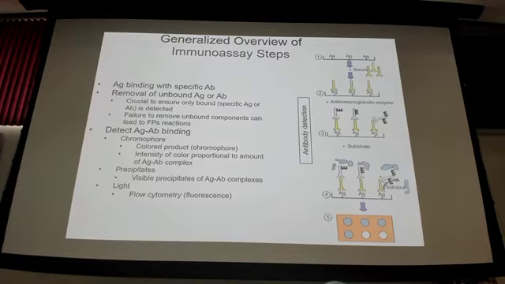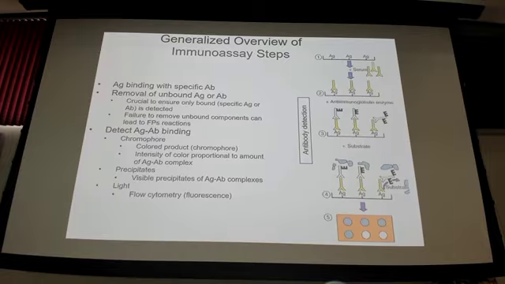In terms of the generalized steps when we're talking about immunoassays, this example is showing an ELISA. Some of you have heard of it before. This is an ELISA where you're using known antigen and seeing whether or not the patient's serum will bind to the antigen. In this case, we have a 6-well plate or a 96-well plate, 24-well plate, and the bottom of the plate is coated with antigen.